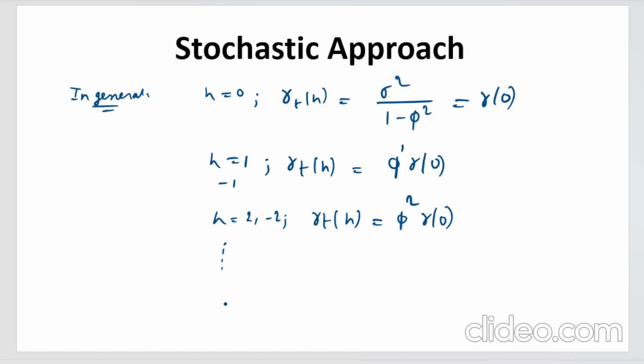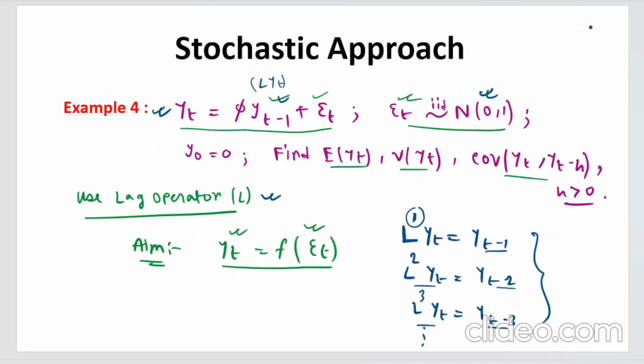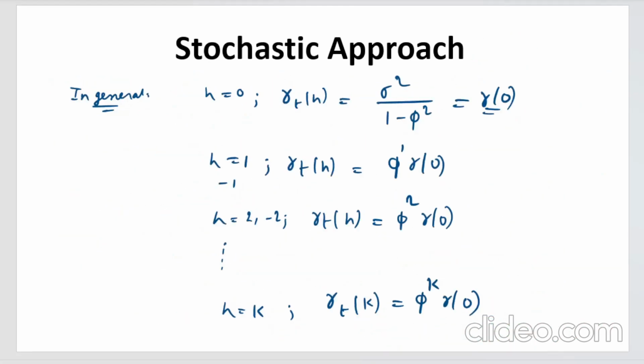And using this in general, suppose h equals to k, so what will be gamma k? It will be simply phi to the power k gamma naught, right? Gamma naught is this variance. I hope this is clear. Now if the value is given to you, here sigma square is given as 1, normal 0, sigma square is 1, so you can replace sigma square everywhere.